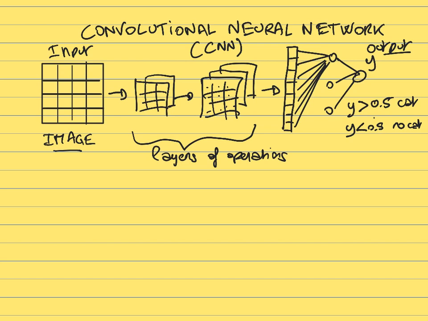So all the way at the end, this is going to be the part that is the traditional fully connected neural network. So this part is exactly similar to an artificial neural network. This one is the easy part because we have seen this part already. Now what we need to focus on is the part that comes before this.